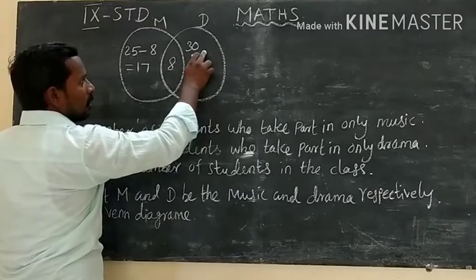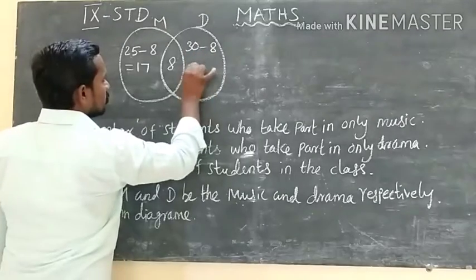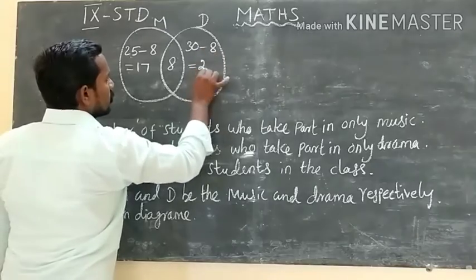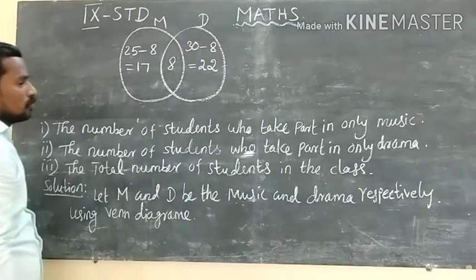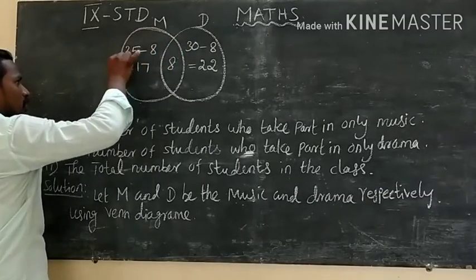Following the same manner for this circle: 30 minus 8 equals 22.